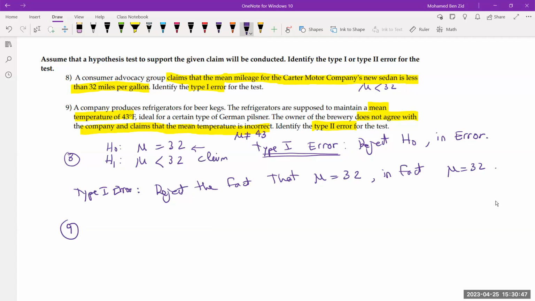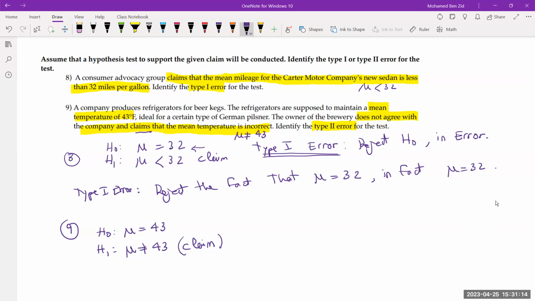So this is H1 then: the mean is different than 43. That's the claim. And because it's different, it's going to be nothing else than H1. Now I need to define H0 again, and that will be the mean equals 43.